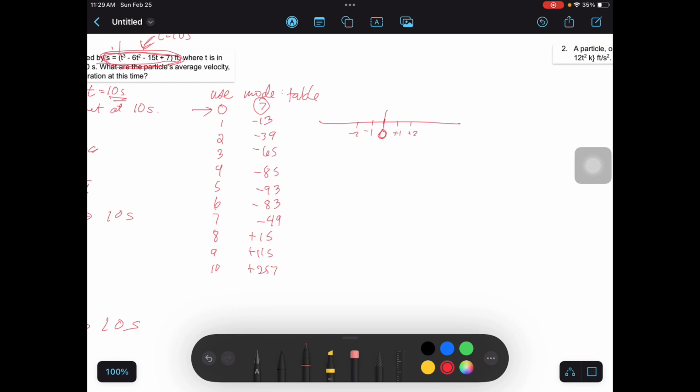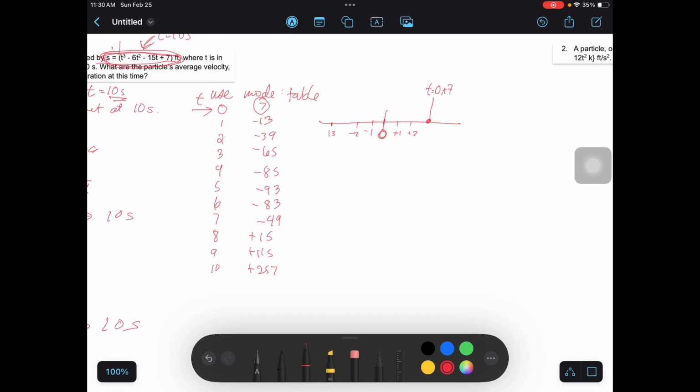Pero at 0, this is time. At 0 seconds, your initial position is 7. So, nandito ka. At time 0, your position is 7 feet. Positive. So, after 1 second, napunta siya sa negative 13. Dito.